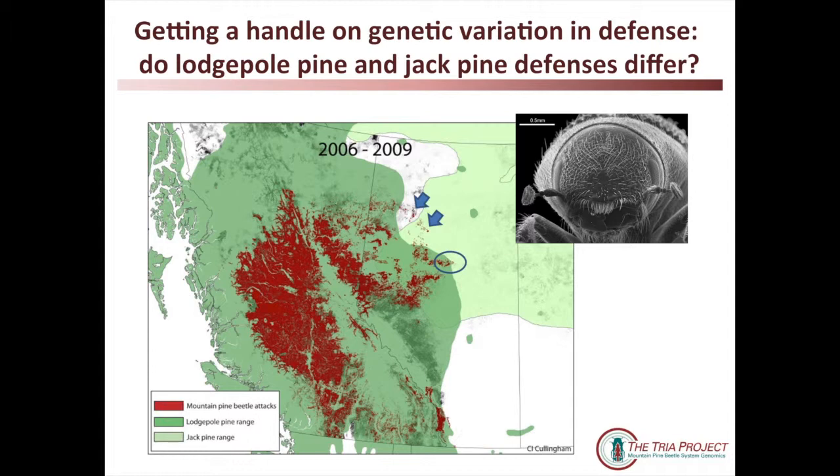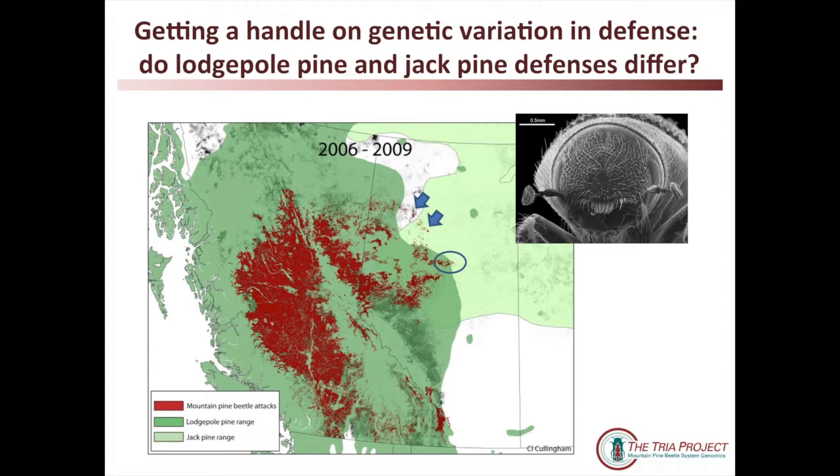It's presumed that in the arms race between mountain pine beetle and lodgepole pine, lodgepole pine will have evolved defenses to deal with this particular bark beetle, whereas jack pine is considered the naive host, the new host, and so there is no co-evolutionary relationship there.